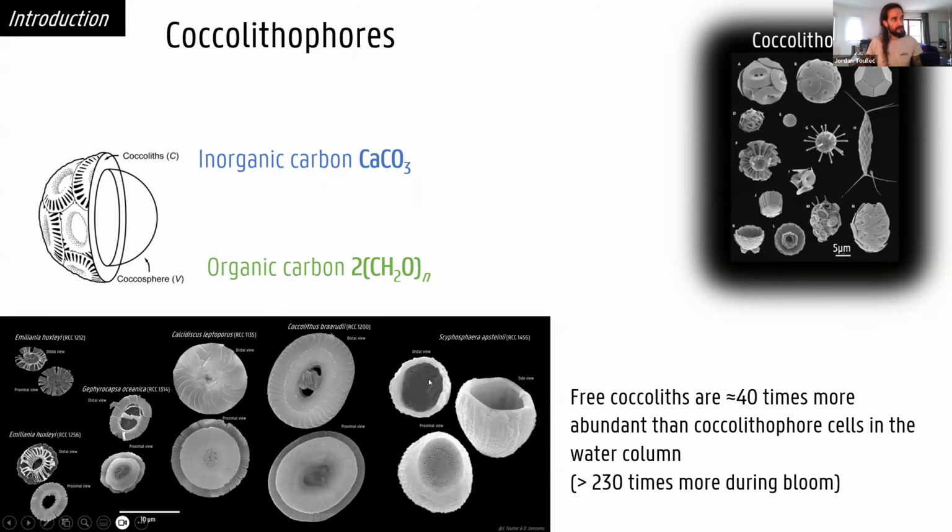The interesting fact is that during a coccolithophore bloom event, for example, they constantly produce a lot of these coccoliths, and they release free coccoliths in the seawater constantly. Sometimes, even during some blooms, we can have more than 200 times more free coccoliths than coccospheres in the seawater.